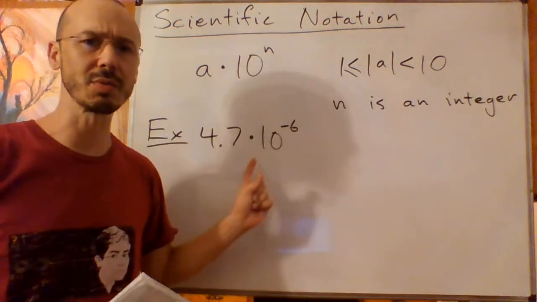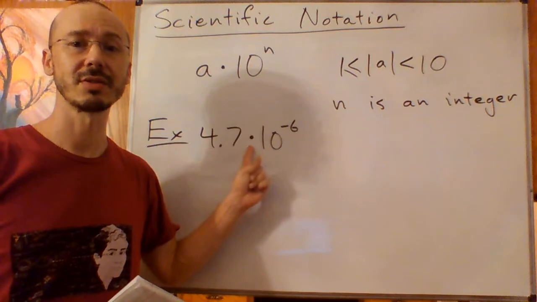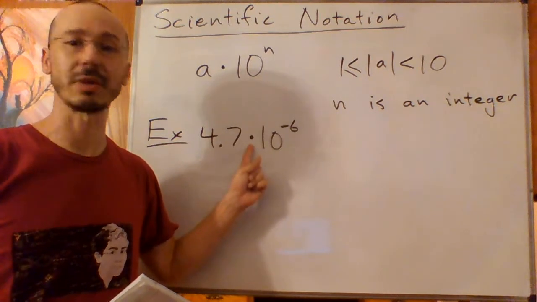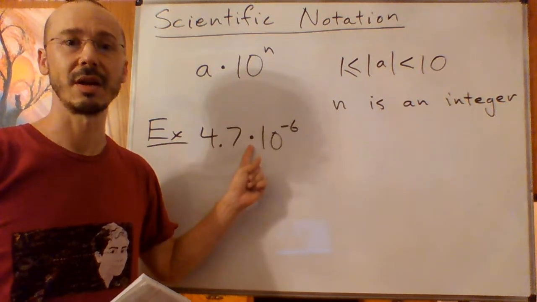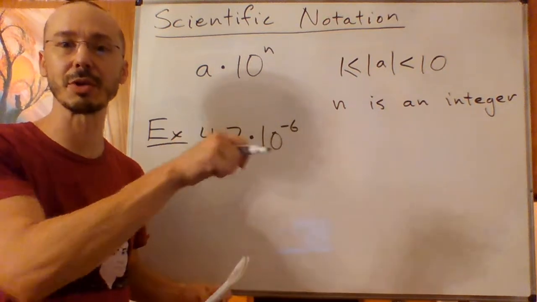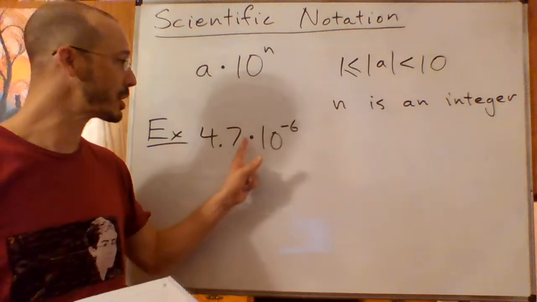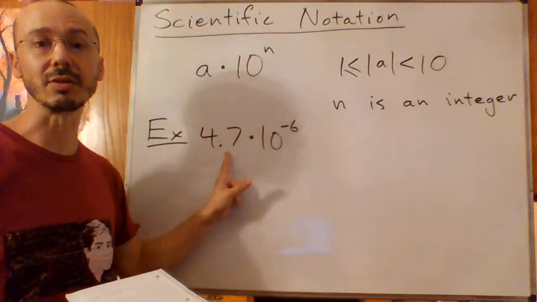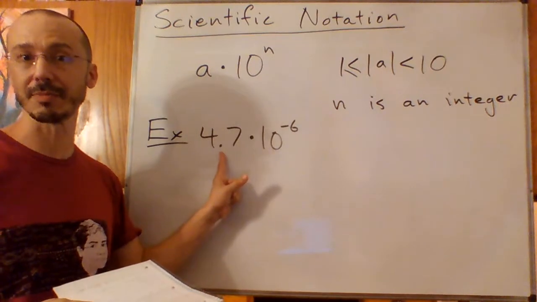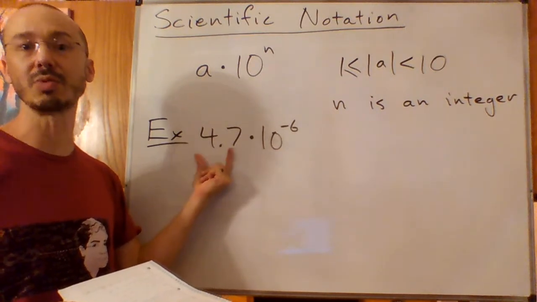I think you'll notice when you look in your book, they use the multiplication cross. I don't like to do that. I use X too much. So when I write a multiplication cross, the first thing I think is that that's an X. I'm going to use the center dot. Now the lower dot is the decimal point. And this is the number A that I was talking about. It's between 1 and 10.